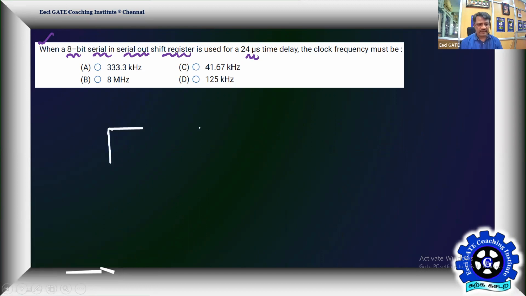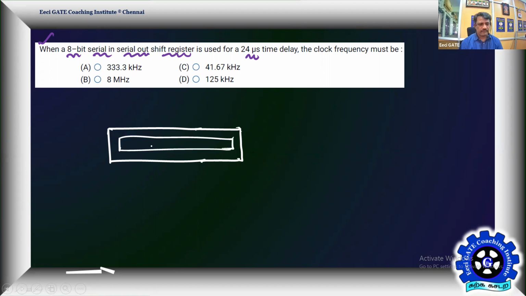So what we have is a shift register, an 8-bit shift register. D7, D6, D5, D4, D3, D2, D1, D0, these are the bits of the register.